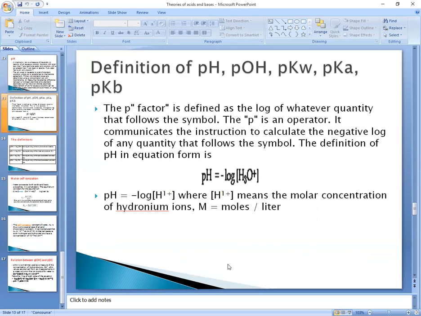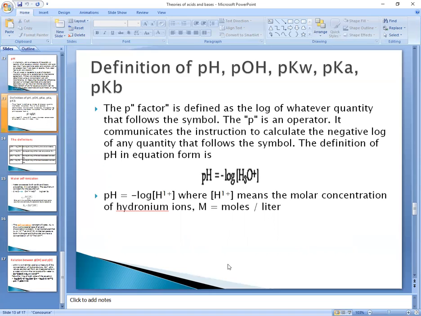So if we say pH, it is the negative log of hydrogen ion concentration. And if we take pOH, it may be defined as the negative log of hydroxyl ion concentration. अगर हम pKw लें, तो P is an operator that can be utilized as a negative log.